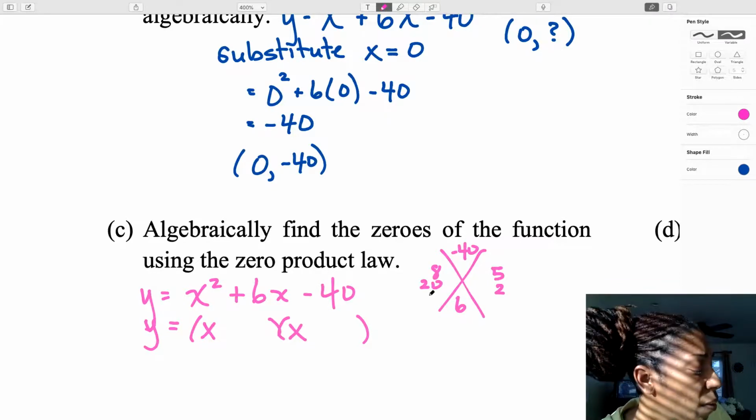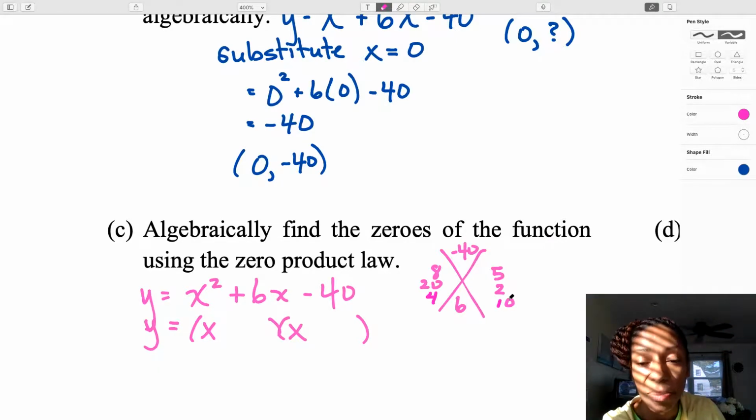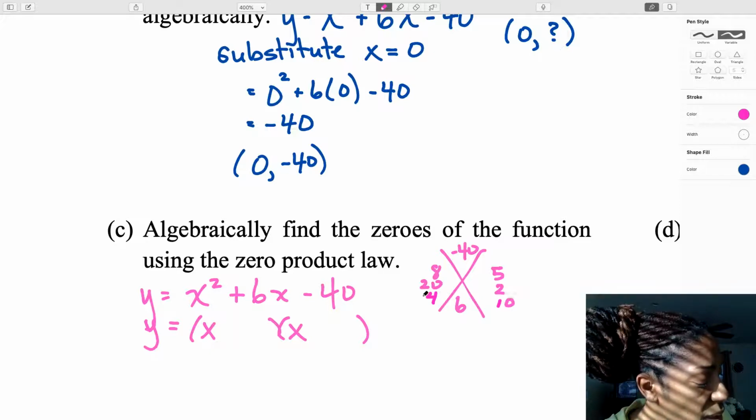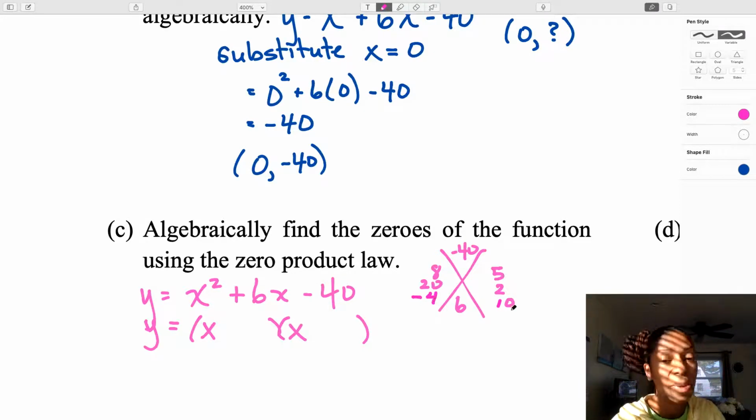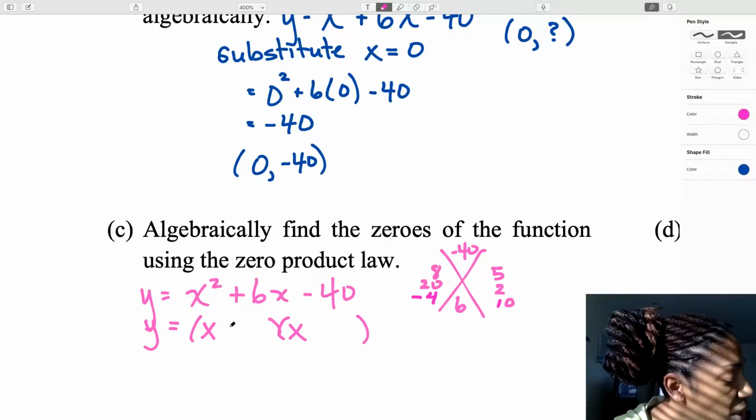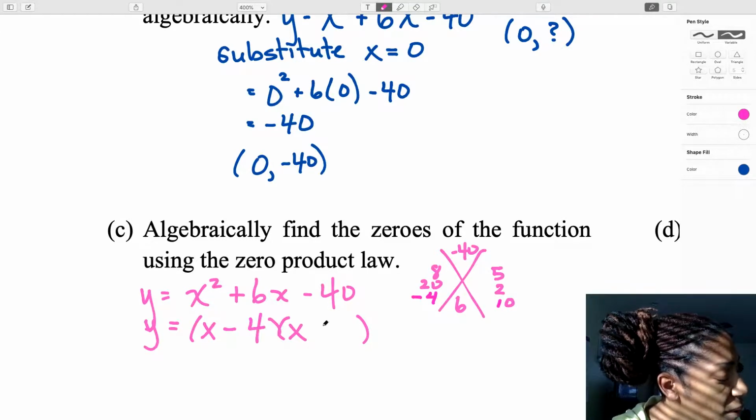What about 4 and 10? 4 times 10 gives me positive 40. Where should I put the negative so that I get a positive 6? Oh, negative 4 plus 10 is positive 6. There you go. So I'll put a negative 4 and a positive 10.